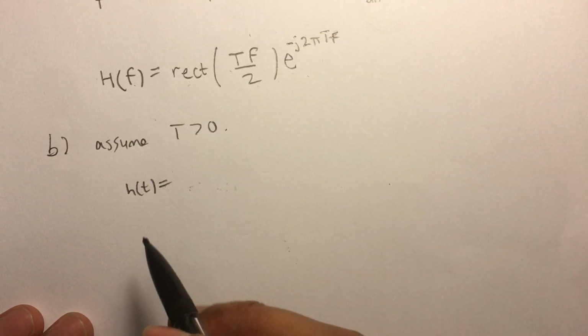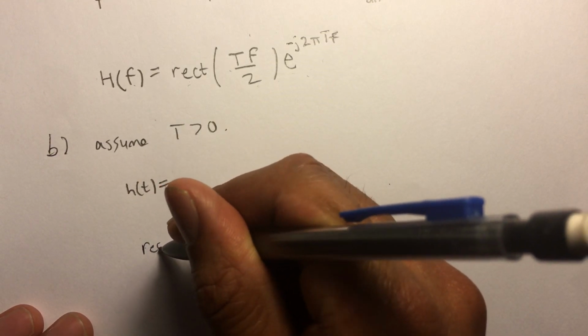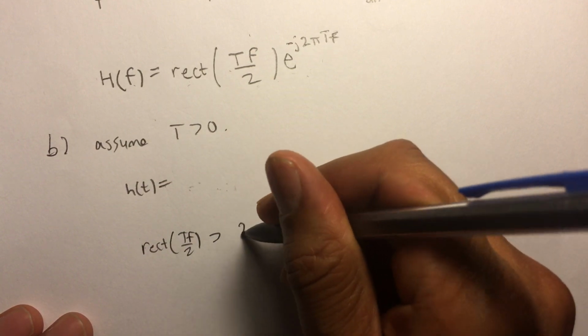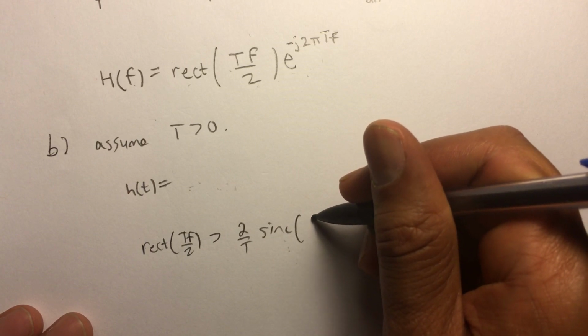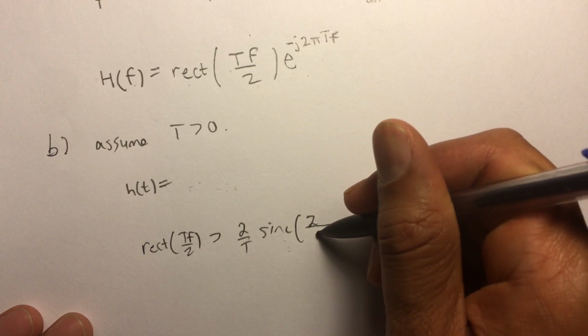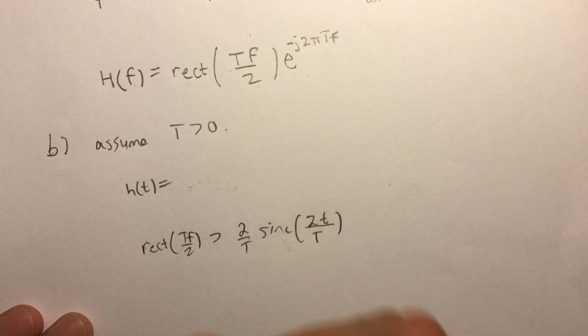Okay, so let's just think in our minds what is going to happen. Rect of t f over 2 inverse Fourier transforms to 2 over t sinc of 2 over t times little t, right?